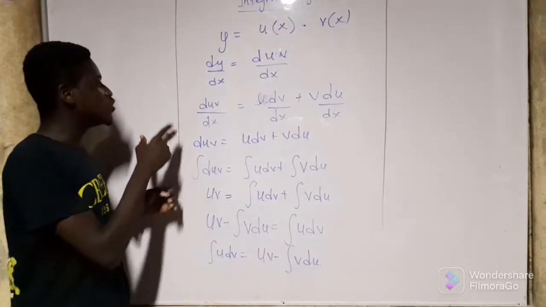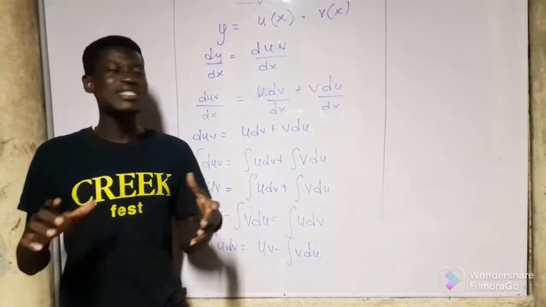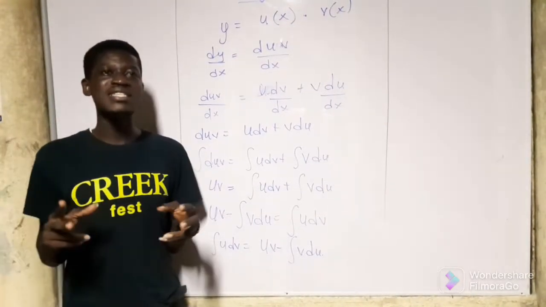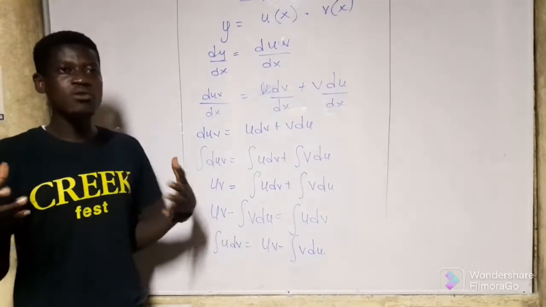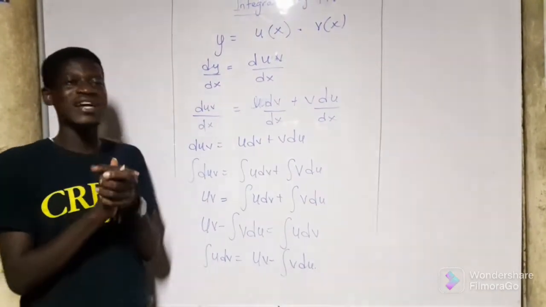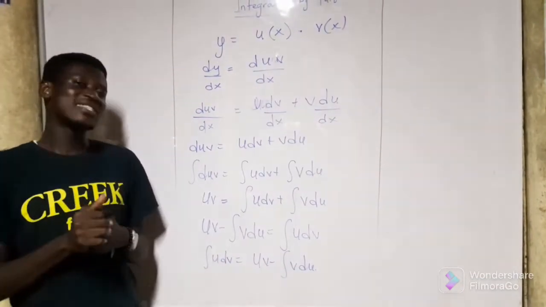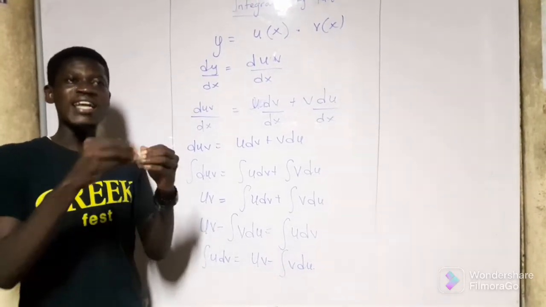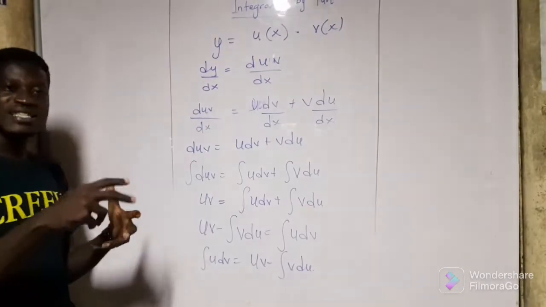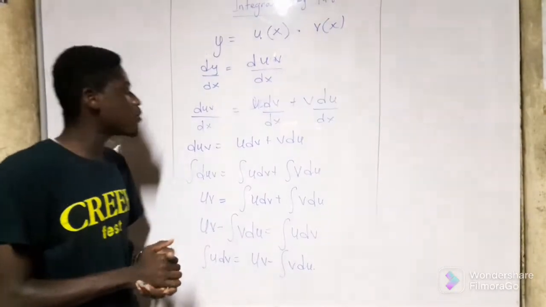So at this point, d(uv)/dx is equal to, by the product rule, as you know from our studies in differentiation, that when you have two functions which are multiplying and you want to differentiate them, first you keep one function and differentiate the other with respect to the variable, plus you keep the other function and differentiate its neighbor with respect to the variable. So this is our approach.